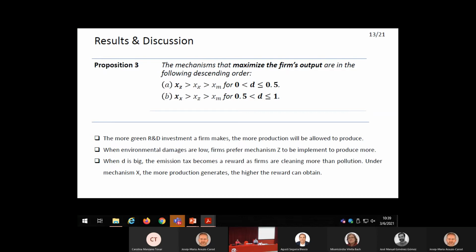Therefore, in this case, we also need to consider the logic of mechanism X. Remember, under mechanism X, the higher the production, the higher the reward a firm can obtain. Therefore, in this case, mechanism X can help firms obtain the maximum profit. Can help firms to obtain the maximized production.